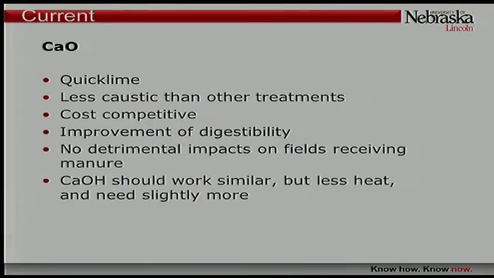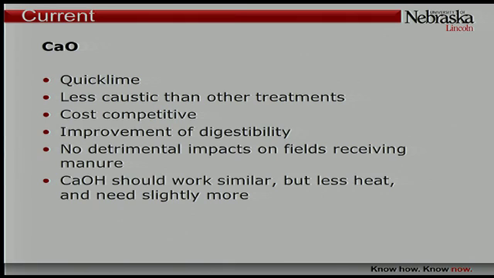So a lot of the current focus has been on calcium oxide, and I want to stress it's not calcium hydroxide, so it is a powder. It's also known as quicklime. It's much less caustic than other treatments, and I think some of the other presenters later will discuss some of the safety precautions that are needed, but they're far less than what is needed if you're handling a strong sodium hydroxide solution.